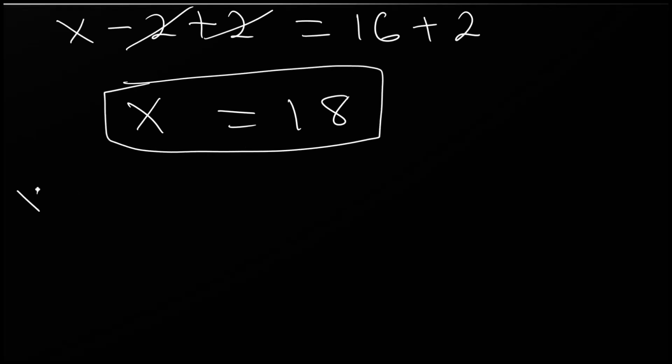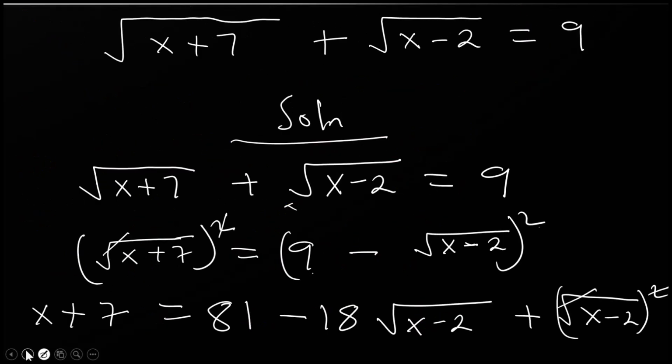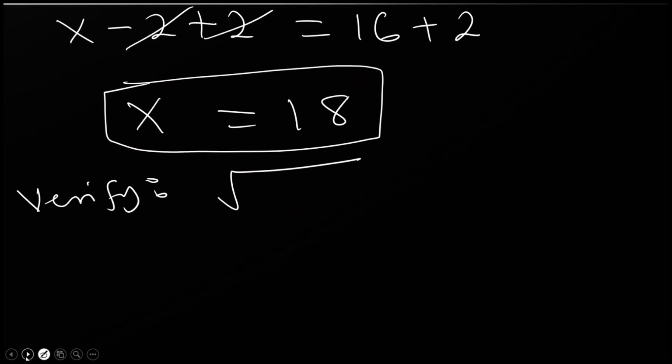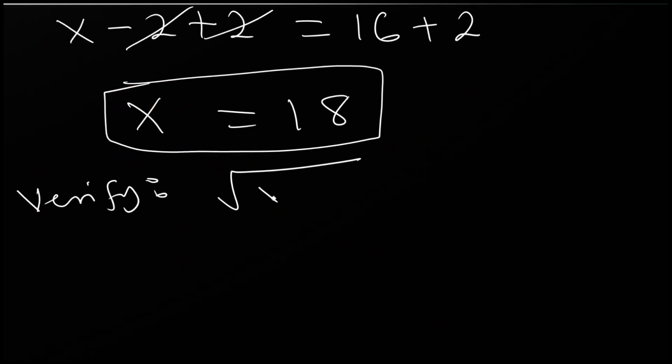Okay, let's verify if our answer is true. So we have the square root of, let's check the question, x plus 7, plus the square root of x minus 2 equals 9.